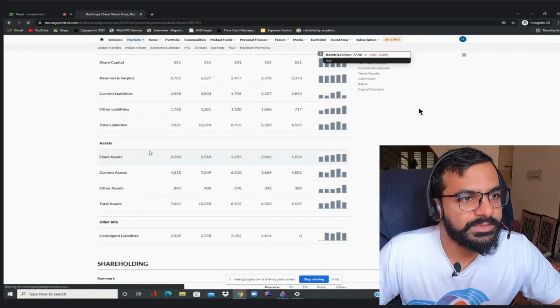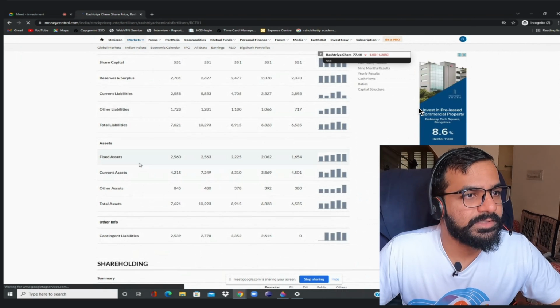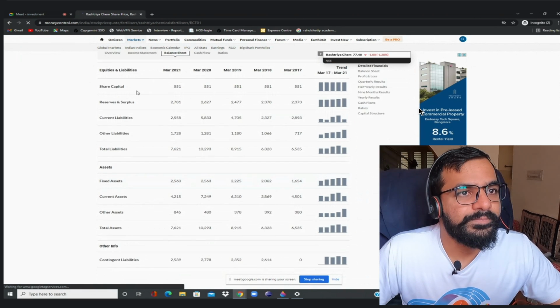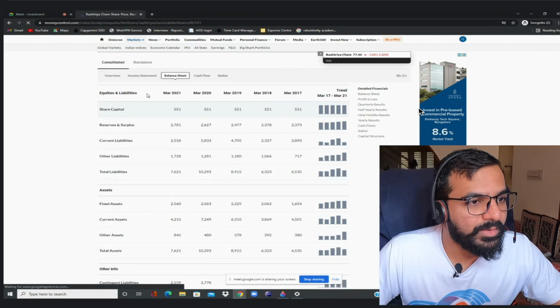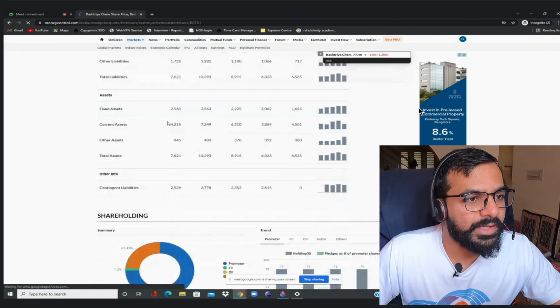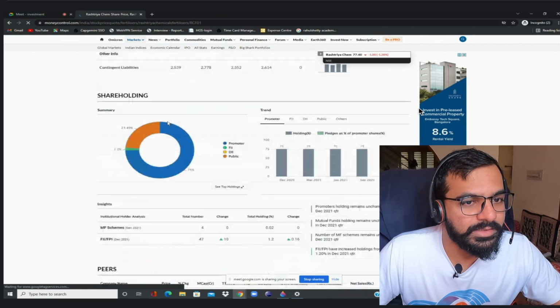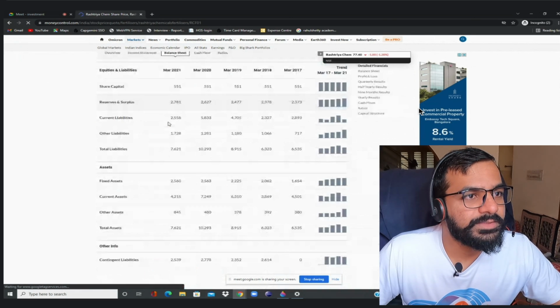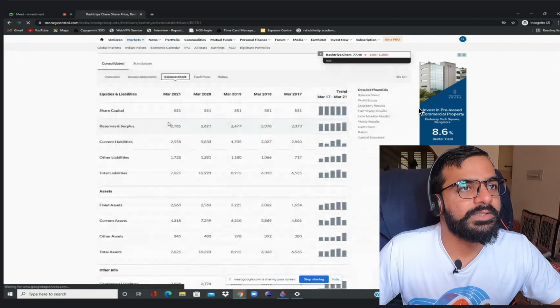Okay. Fixed assets, current assets, other liabilities. Where have they mentioned the land here? Okay, they have changed the way it looks. Just a minute, we'll go to Screener.